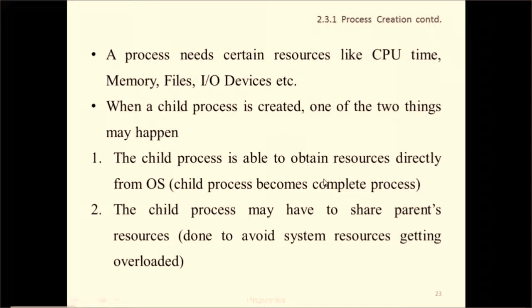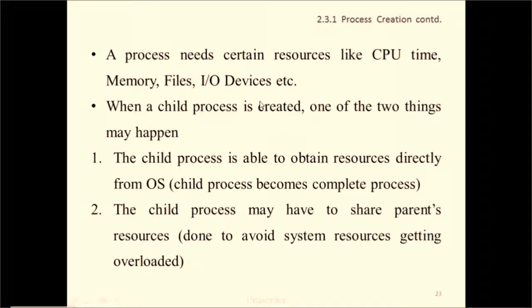A process needs certain resources like CPU time, memory, files, IO devices, etc. Now when a child process is created, one of two things may happen. In the lifetime of a process, the process may need different resources from the system.